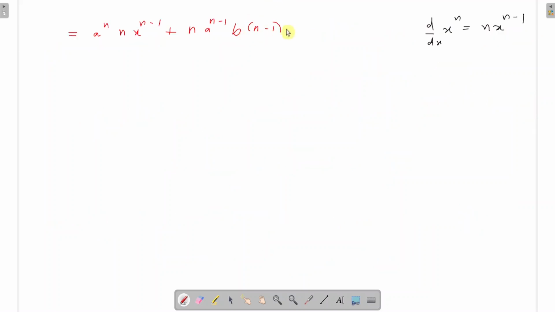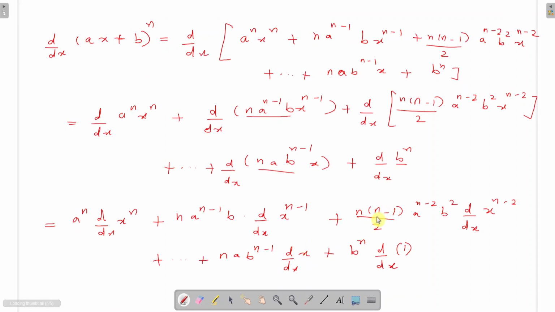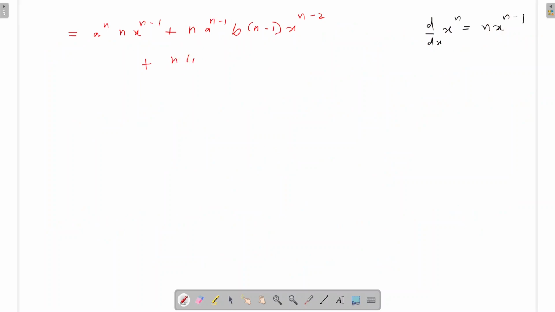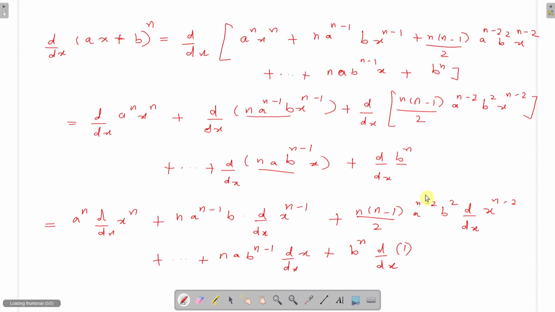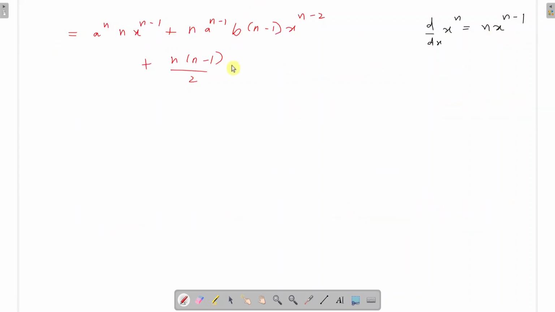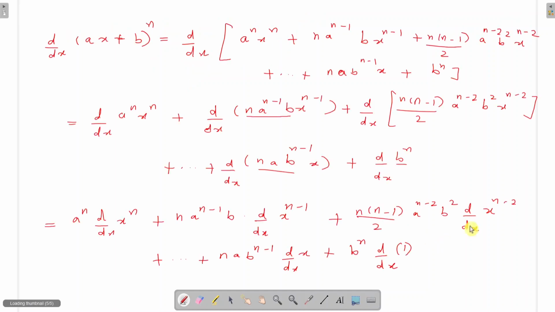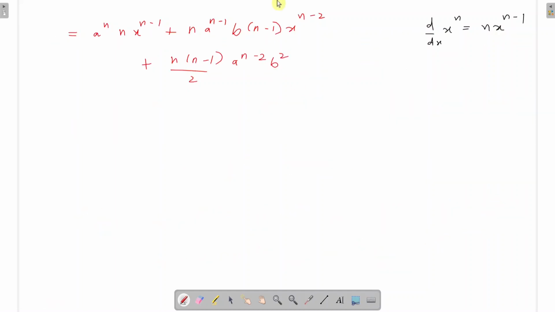Then the third term is n times n minus 1 divided by 2, a raised to n minus 2 b raised to 2. And the derivative of this x raised to n minus 2 will be n minus 2 times x raised to n minus 3, and so on.